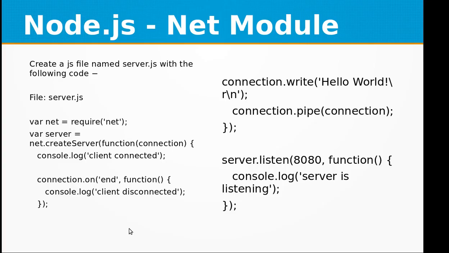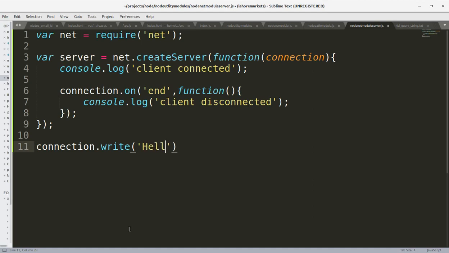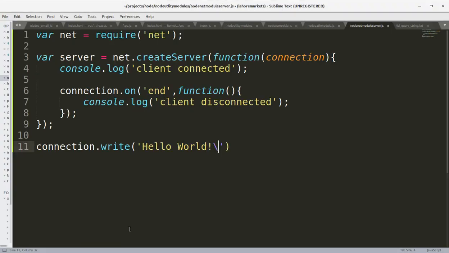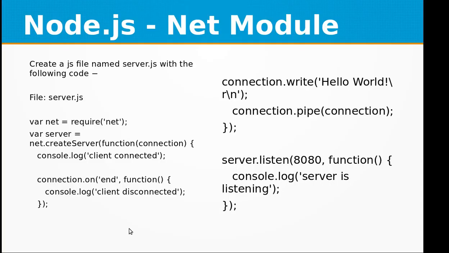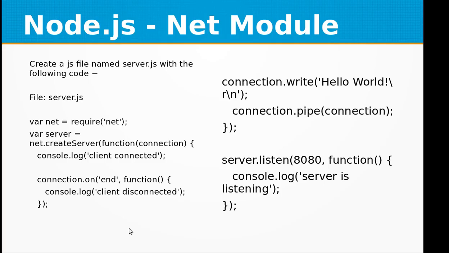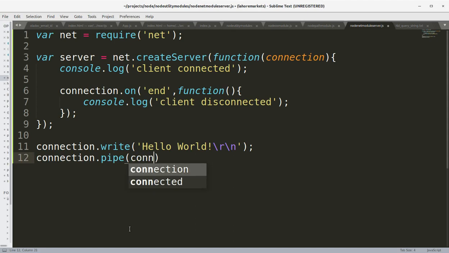connection.write hello world, and let's add a line break and a return here. Okay, line return. connection.pipe connection.